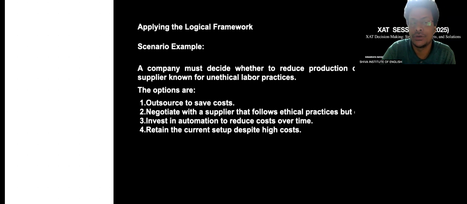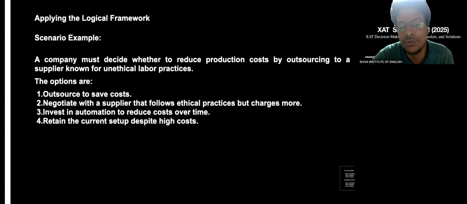Here is a scenario example: a company must decide whether to reduce production cost by outsourcing to a supplier known for unethical labor practices. Right. What did we find out here? A company must decide whether to reduce production cost by outsourcing to a supplier known for unethical labor practices.